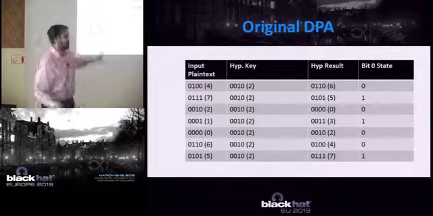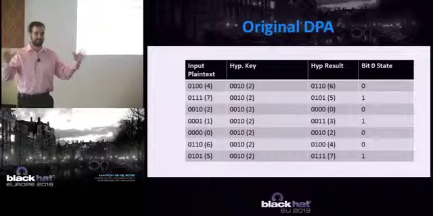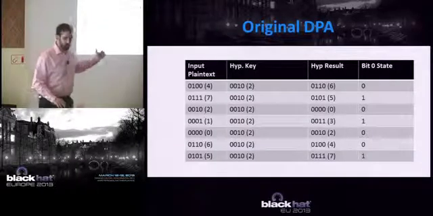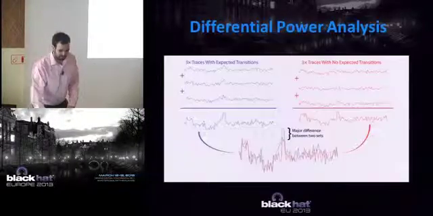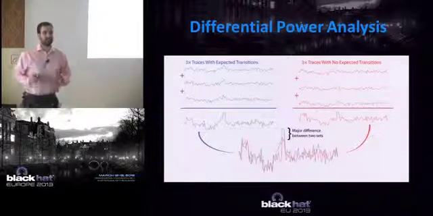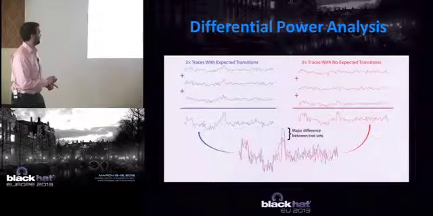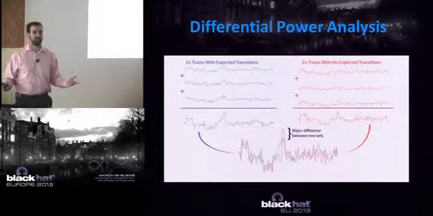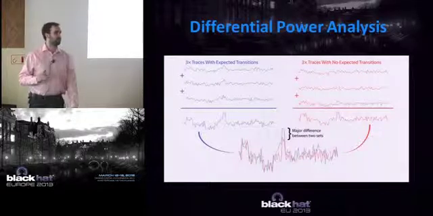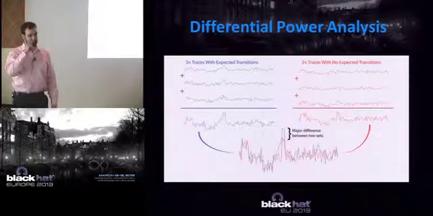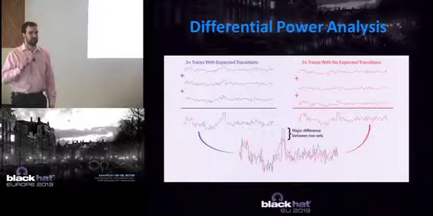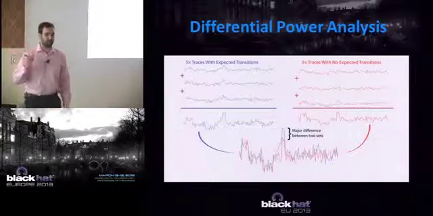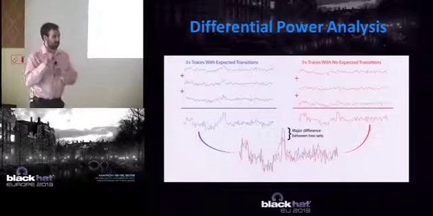Remember, I don't know the key, I'm just guessing, so I'm going to have 16 different arrangements of these power traces. If I was right, what I'd expect to see is somewhere there's going to be a difference between those two sets. Because if I was right, at some point that single bit is always 0, so it's taking less power. At another point, that single bit was always 1.